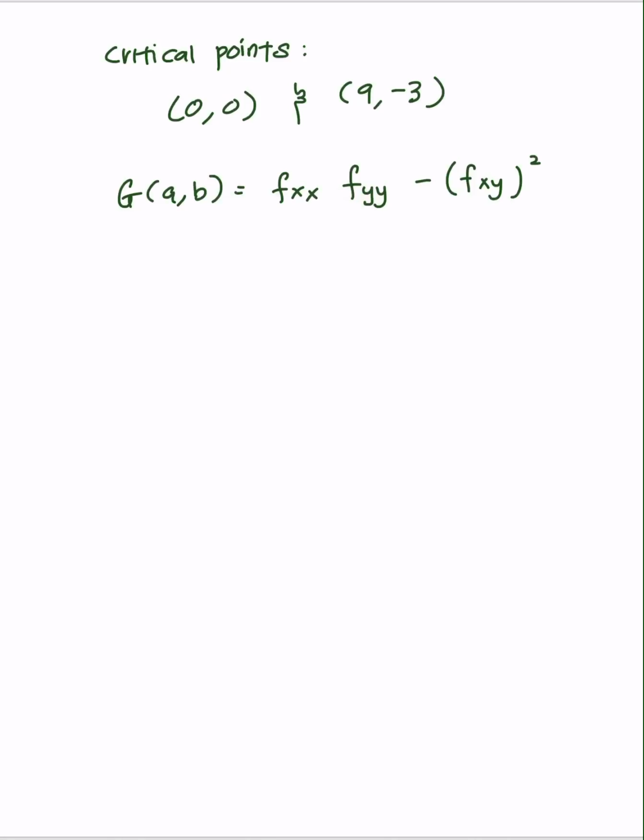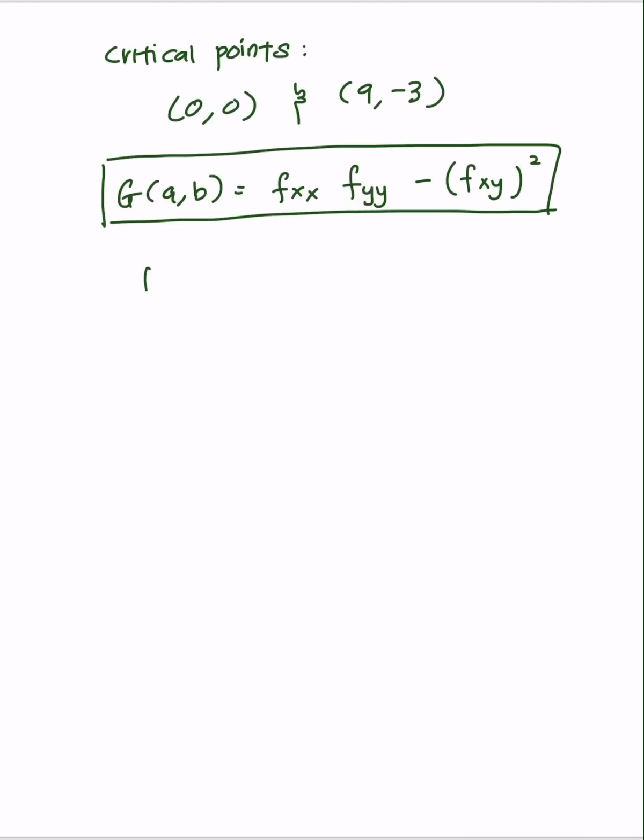Okay, so this is our G(a, b). Therefore, we need to find our fxx, and then our fyy, and then our fxy.